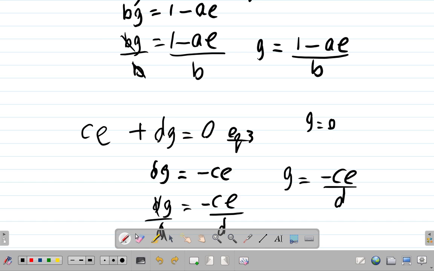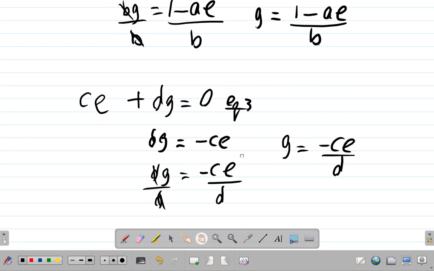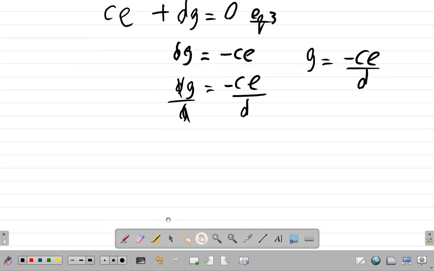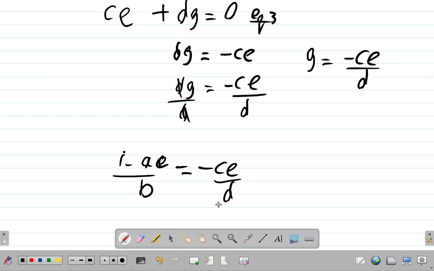Now, if we have G equals G, and G is 1 minus AE divided by B, and G is also equal to negative CE divided by D, then what we can see is that 1 minus AE divided by B must be equal to negative CE divided by D. You see that?